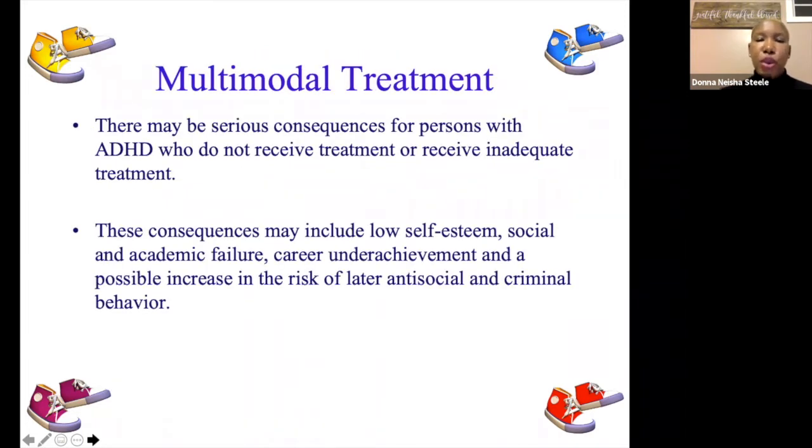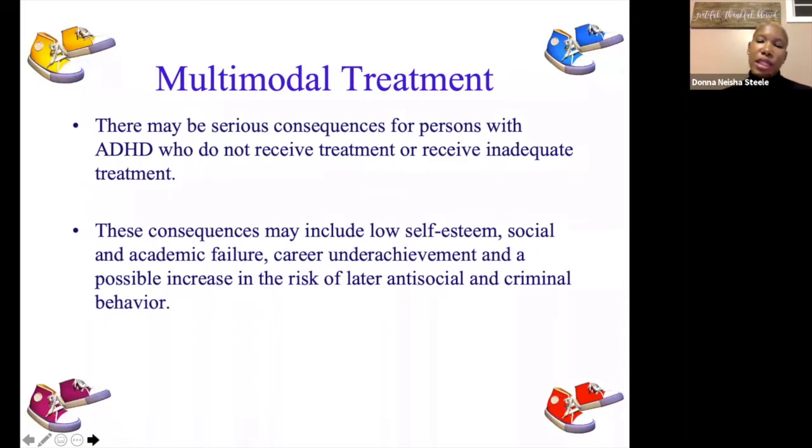That brings us to what we call multimodal treatment. There may be serious consequences for persons with ADHD who don't receive treatment. And what does treatment look like? As the word suggests, multimodal, we're talking about different treatments. It doesn't necessarily have to be one single treatment.